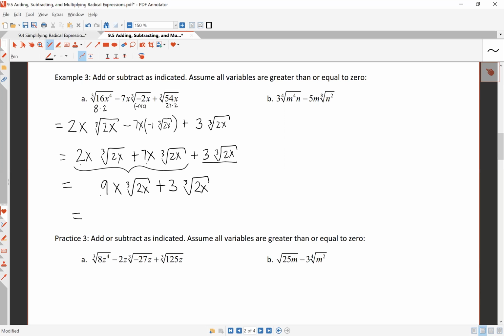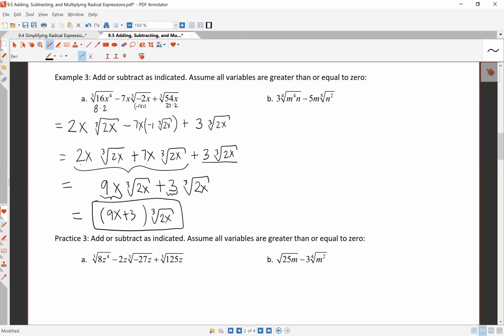Now we could say they're like terms by saying this coefficient's 9x and this coefficient's 3, and then say that the cube root of 2x is what makes them like, and then we get 9x plus 3. That would be the most simplified answer.